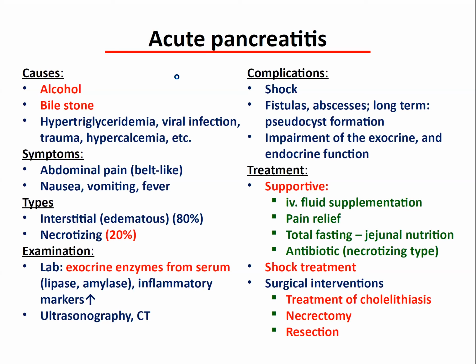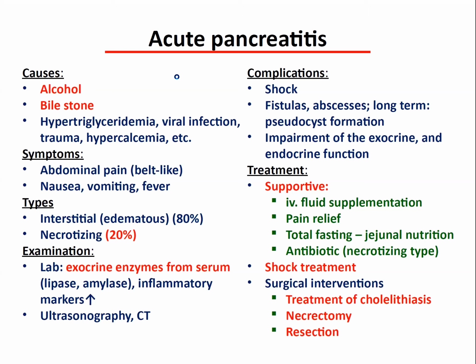The symptoms are usually accompanied by abdominal pain, a belt-like pain, nausea, vomiting, and fever. As I mentioned, it can be the edematous or interstitial type, about 80%, and the necrotizing type, when we have peritonitis, takes about 20%, and that's a very severe condition and usually a lethal one.